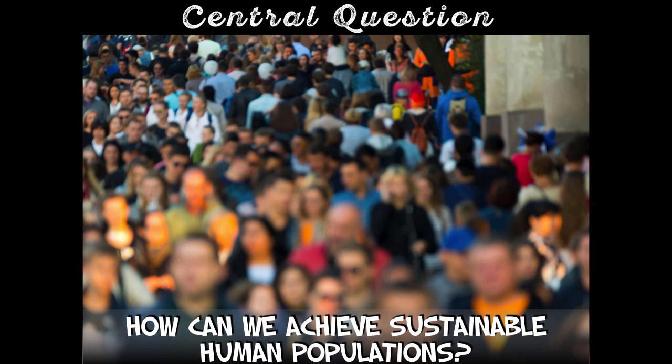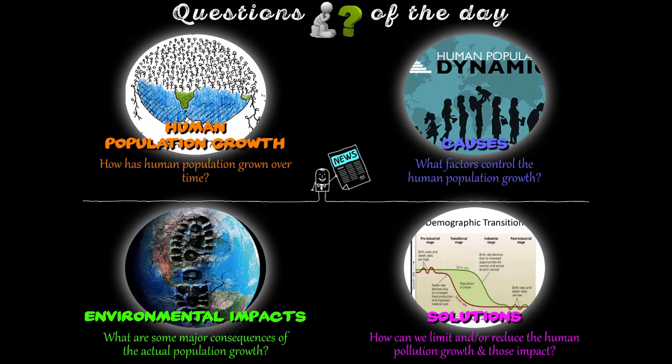To answer the central question of the day, we'll look at different smaller questions. The first will be human population growth, to understand how the population has grown over time. Was it always the same? Has it been different?